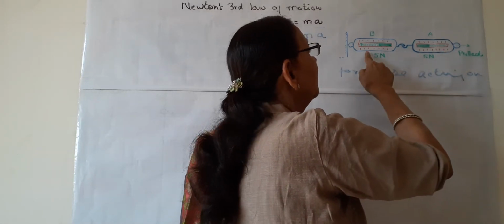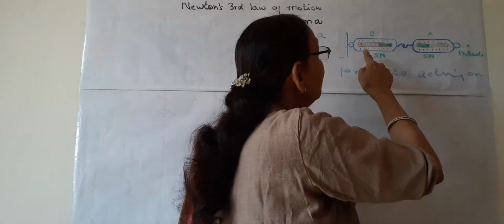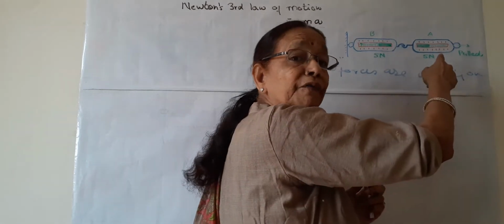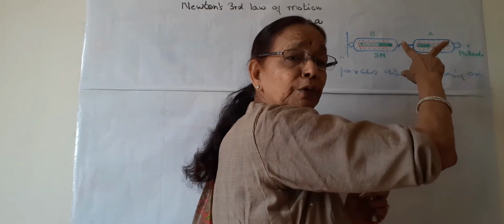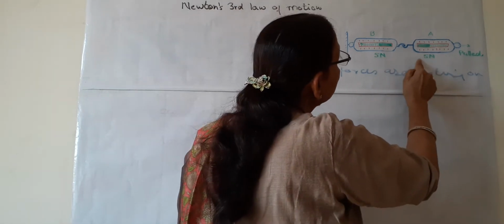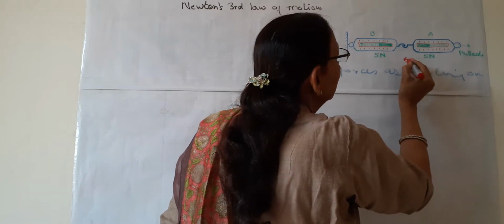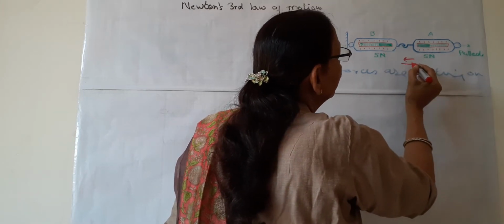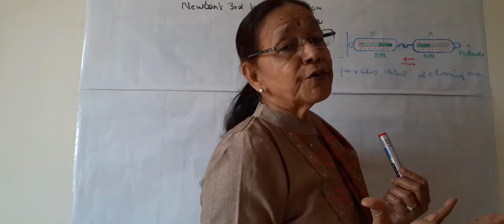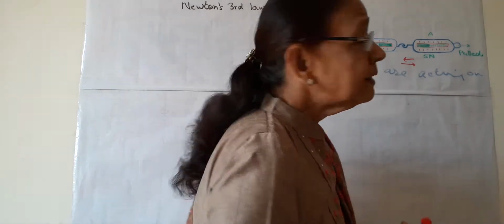A exerts a force of 5 Newton on B. In return, B also exerts a reaction force of 5 Newton on A. The magnitudes are the same, but they are in opposite directions. A is exerting a force in this direction and B is exerting the force in the opposite direction. So by spring balances, we can measure the amount of force. This is the second example.